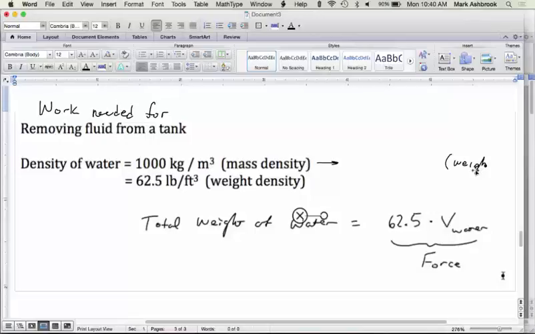So for weight density in the metric system, it would be 9.8 times this, or 9,800 watt per meter cube. What's weight in metric? What's a metric weight measurement? Newtons.